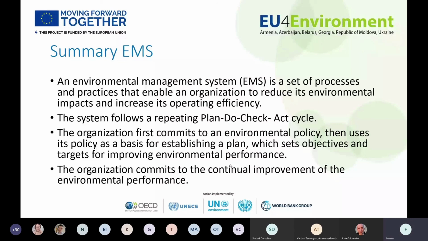Steps we have discussed. First, commitment to environmental policy. Then this policy is the basis for establishing a plan composed out of objectives and targets to improve environmental performance, and these should be applied continuously.